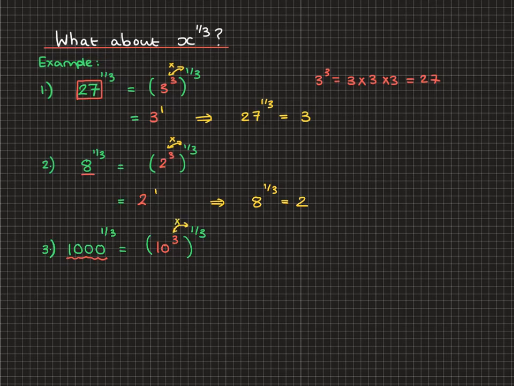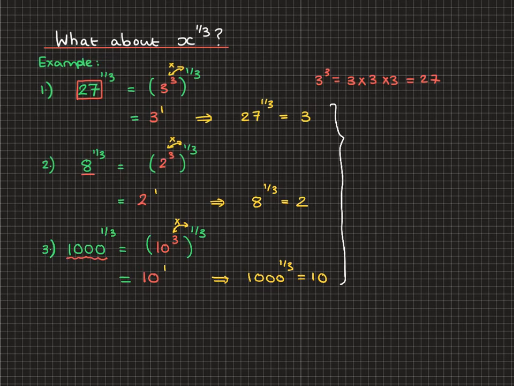Let's look at the overall index here. We need to multiply our indices, and this will give us an answer of 10 raised to the power 1. So this gives 1,000 to the power of a third equals 10. So have you worked out the rule?